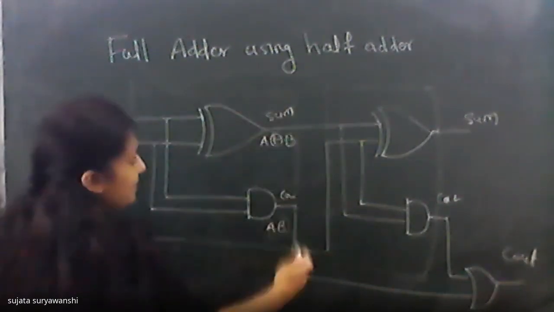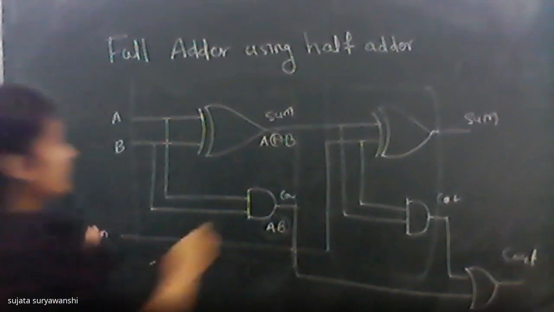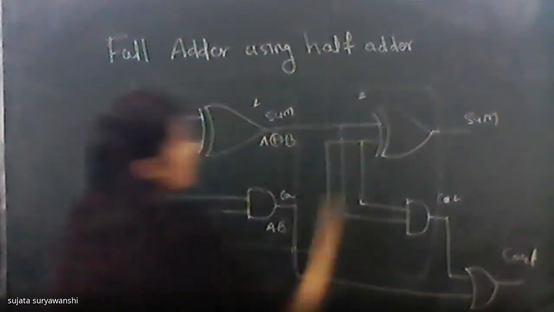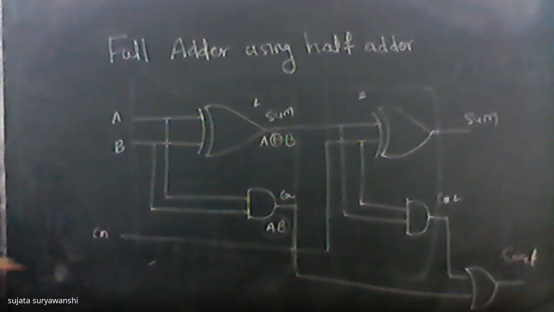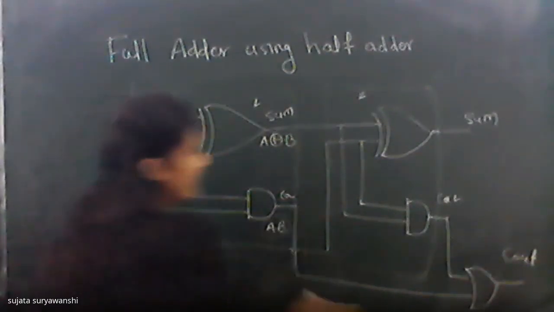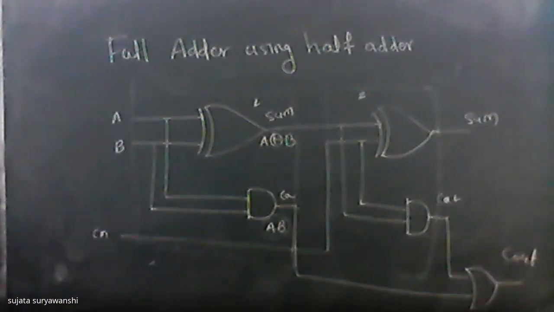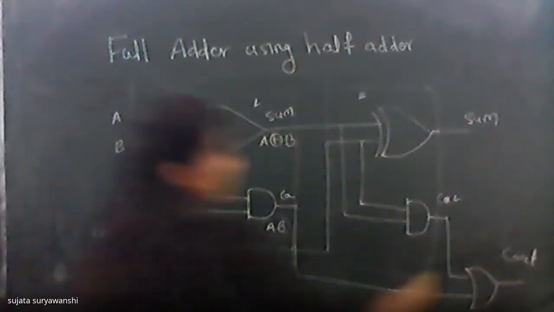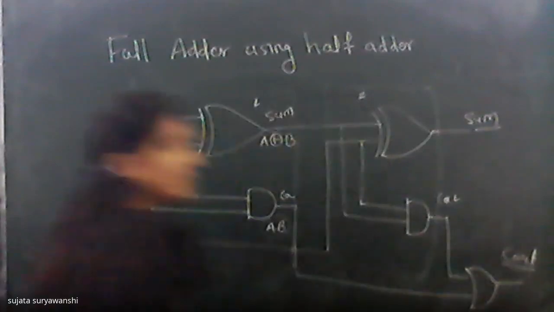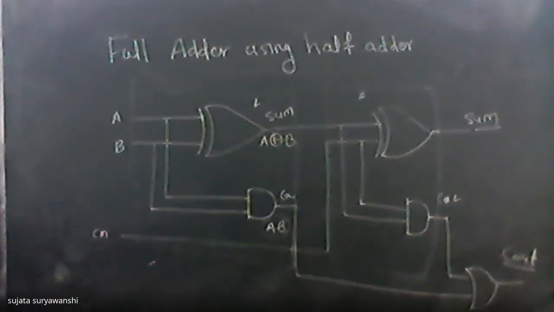This is the complete block of half adder 1, and this is the complete block of half adder 2, and then the carry out of the first half adder and the carry out of the second half adder are given as input to the OR gate, which gives your final carry out. Okay, and this is your final sum. This is the circuit diagram, sorry, of full adder using two half adders. Understood? Yes, any doubt?